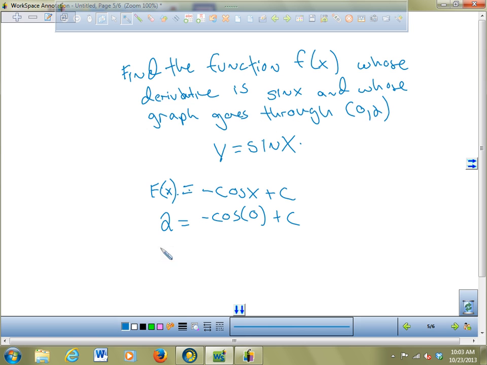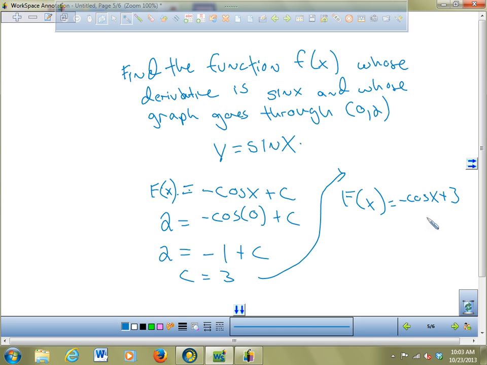So what's the cosine of 0? 1. So you get 2 equals -1 plus c, so c equals 3. And so rewriting my equation, I get big f of x equals negative cosine of x plus 3. Follow that?